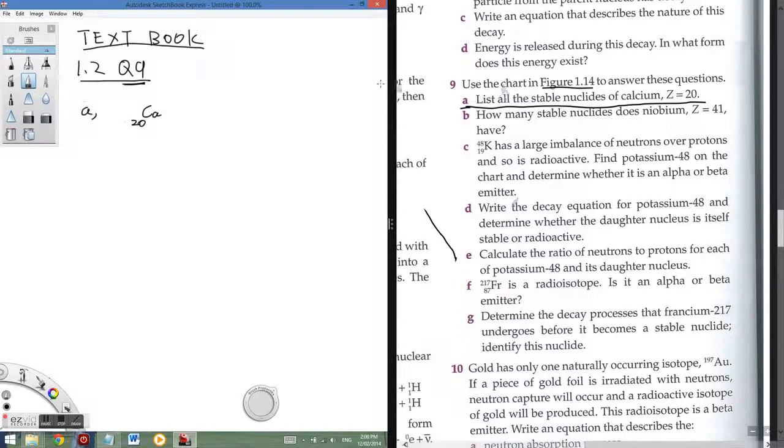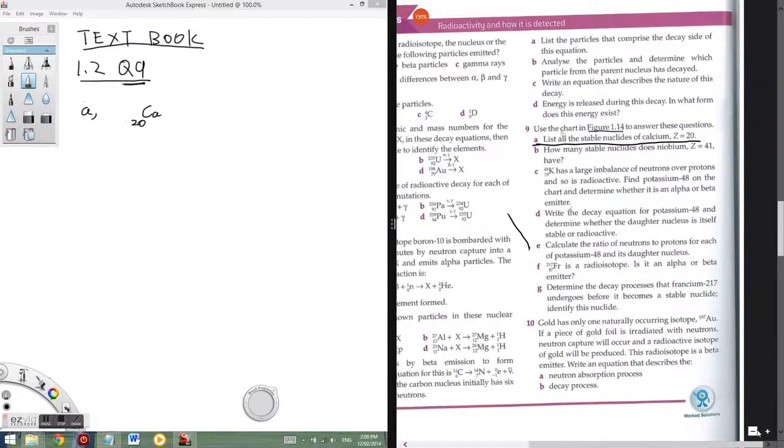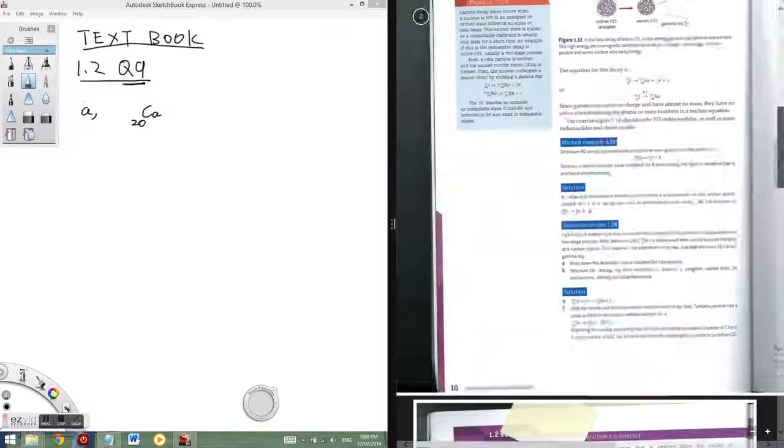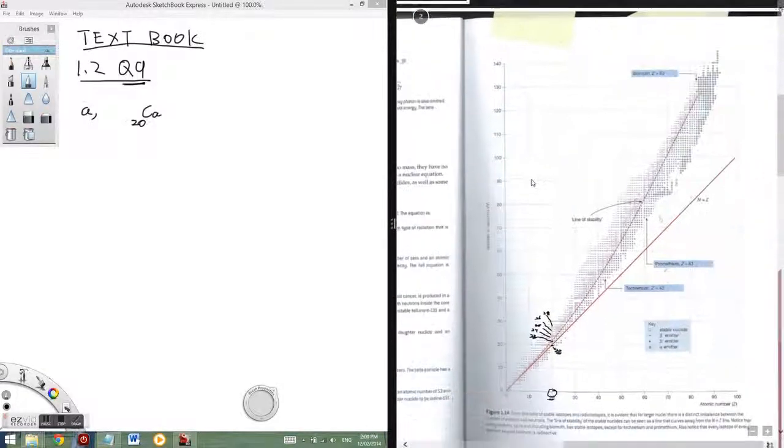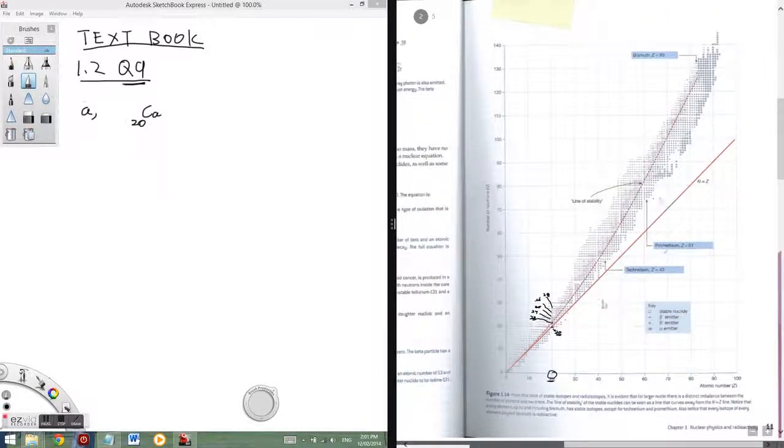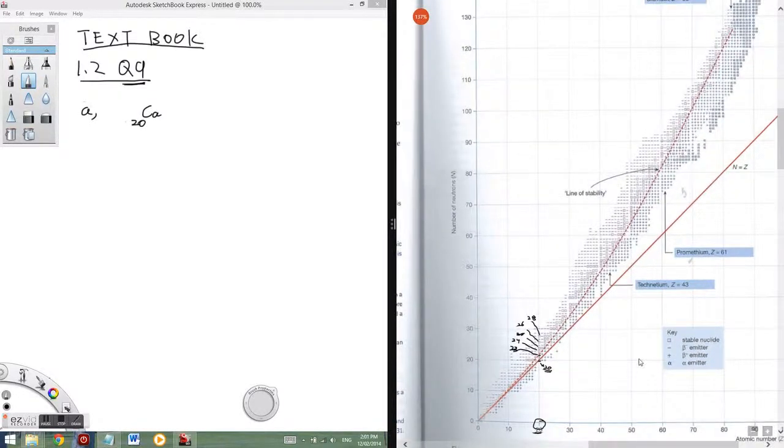Then let's go back to figure 1.14. On page 11 of your textbook, there's a figure 1.14. Let me just enlarge it.